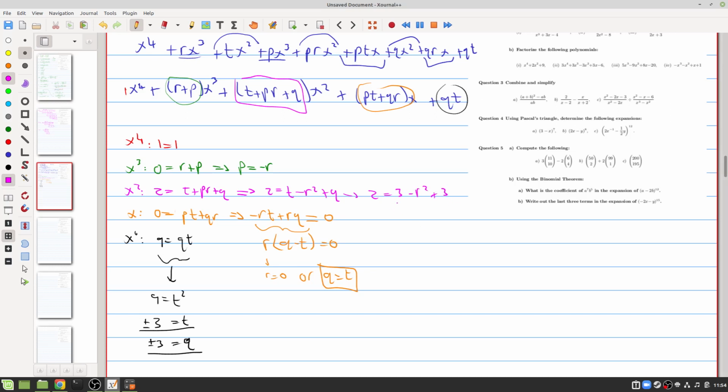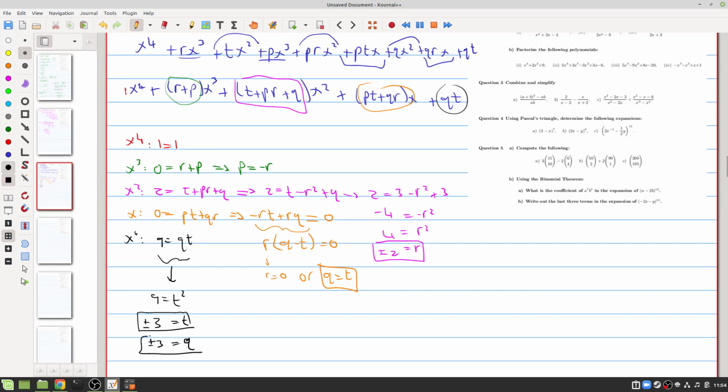So that's going to be 3 plus 3 is 6. So 2 minus 6 is negative 4 equals negative r squared. And then if we divide by negative, we get 2 equals r. Plus or minus 2 equals r. So there we have an r already.